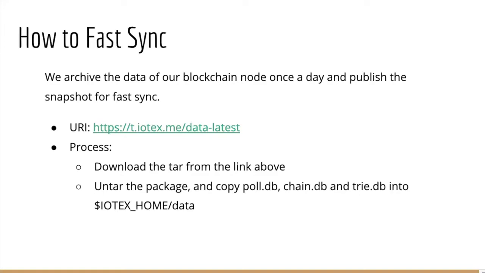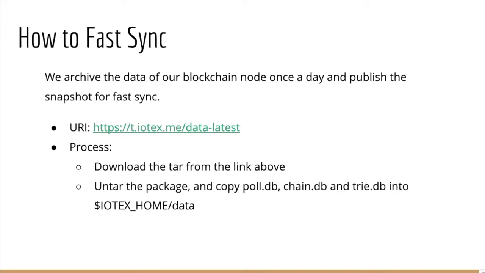In the latest release, we also fixed the block sync efficiency. I think RC7 could sync as fast as 300 blocks per minute, so within about 20 to 30 minutes, you should be able to sync with the blockchain tip height.